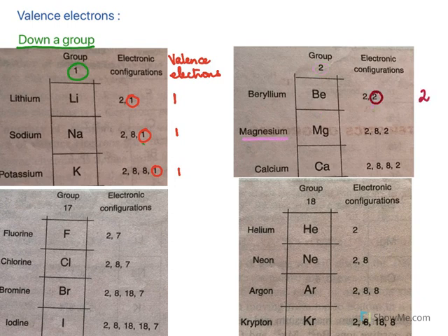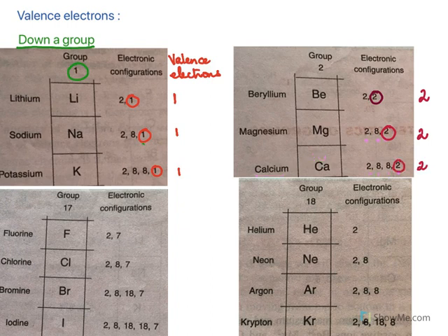Then we get on to magnesium, atomic number 12, electronic configuration 2, 8, 2, outermost orbit there are 2 electrons, valency 2. Then we have calcium, atomic number 20, 2, 8, 8, 2, valence electrons 2.